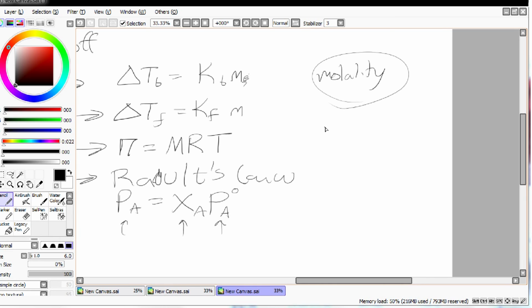So the molality, lowercase m, is equal to the moles of the solute over a kilogram of solvent. So you have a mole of your solute inside a kilogram of solvent. That is what molality is.